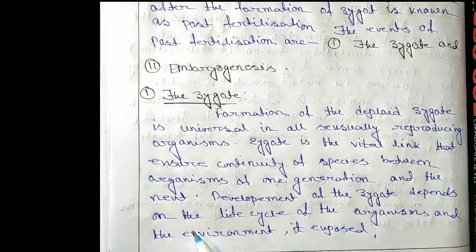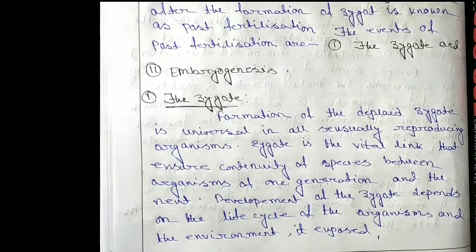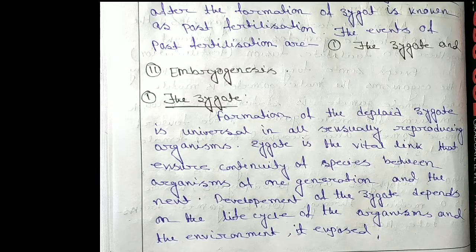Development of the zygote depends on the life cycle of the organism and the environment it is exposed to. That means it depends on how the organism lives, and the environment also affects how the zygote grows.